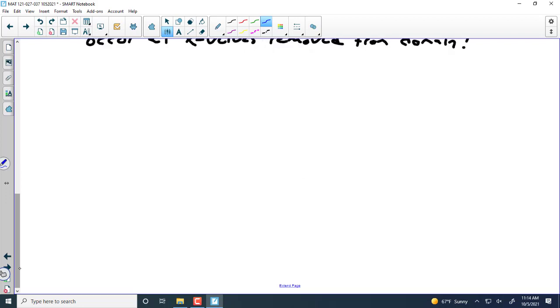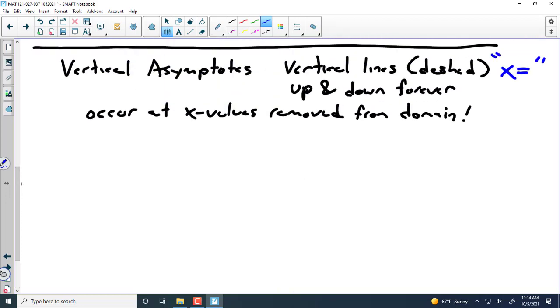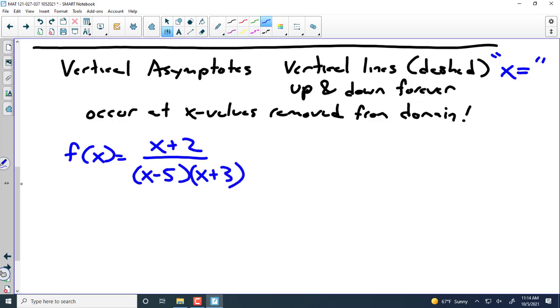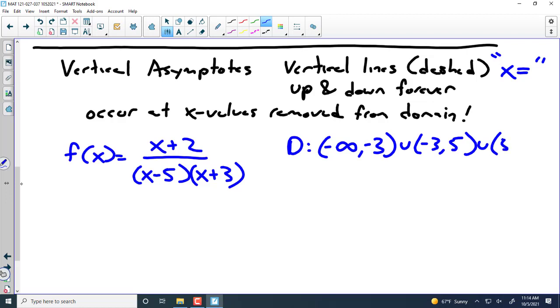So, if someone said to me, Steve, there's my rational function, then this is what I would say to them. Your domain is everything except -3 and 5, and your vertical asymptotes are x equals -3 and x equals 5.